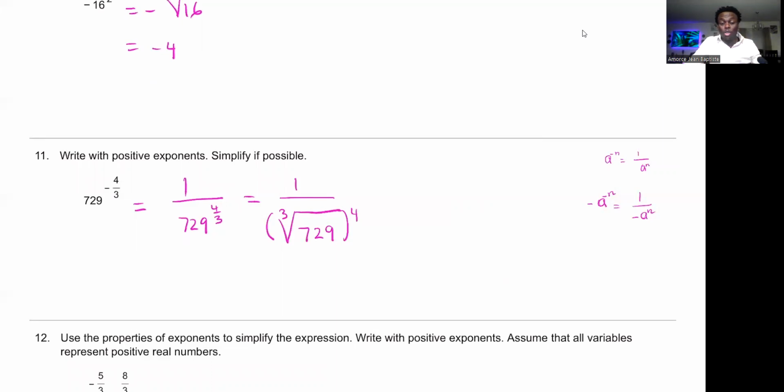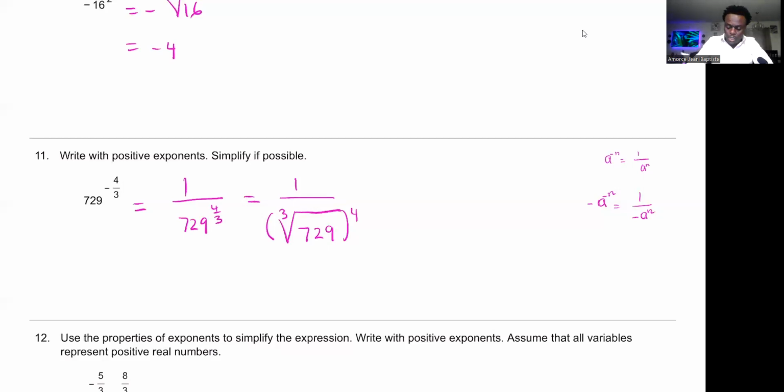Inside each group should be this number of elements: 3, the index. 7 plus 2 is 9. 9 plus 9 is 18. 18 is a multiple of 3. So 3 is a factor of 729.